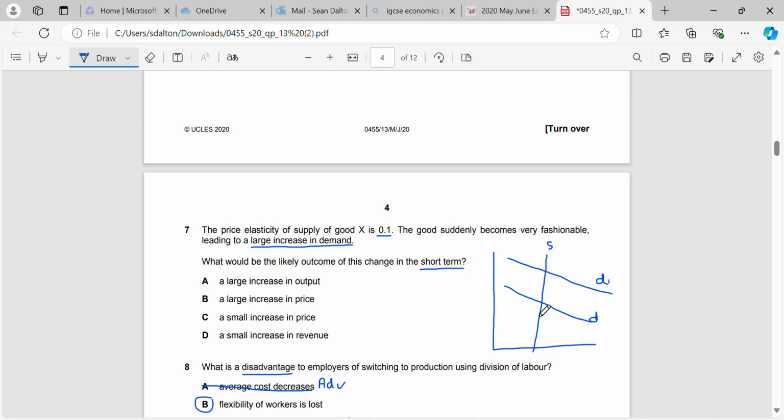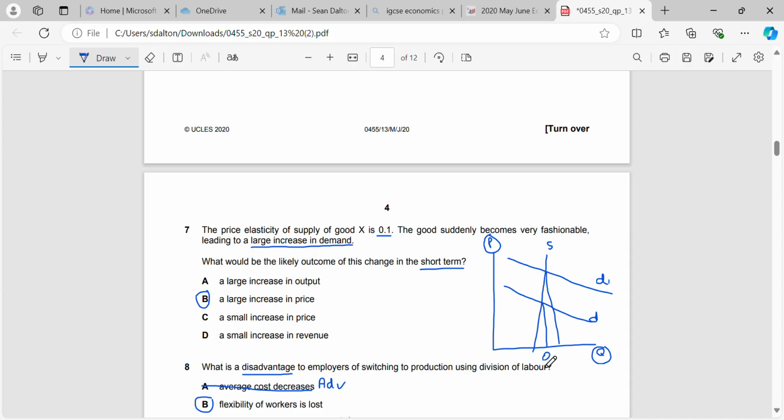And what's going to happen? Because our PES is very inelastic, it's hard for us to increase the supply, right? But if we can make it slightly more elastic, what we'll see is what happens here. We have a very large increase in price and only a small increase in the output.